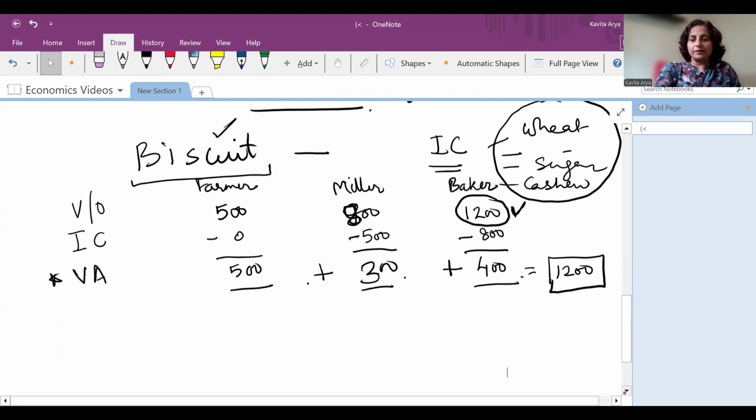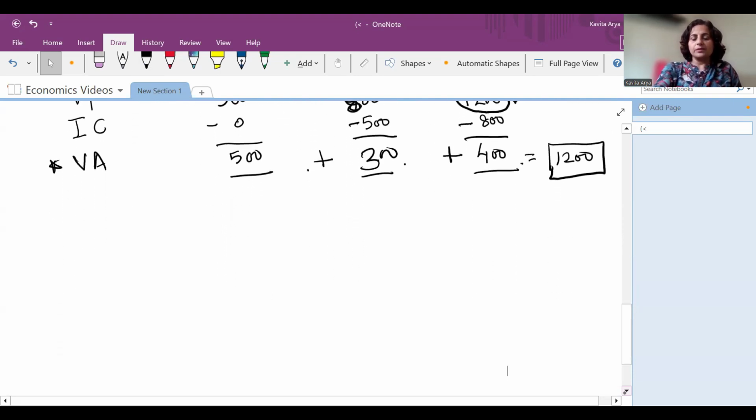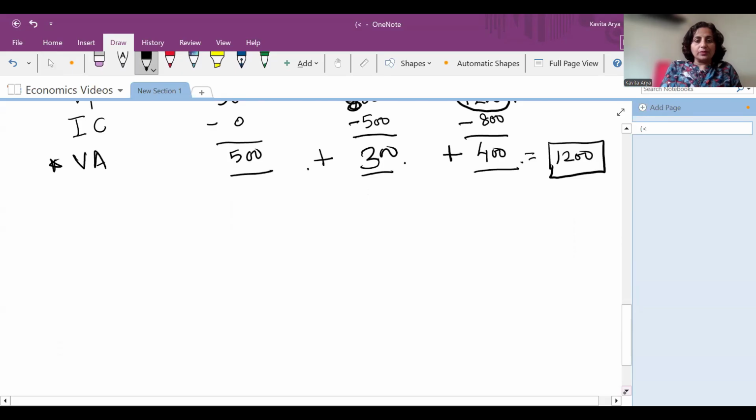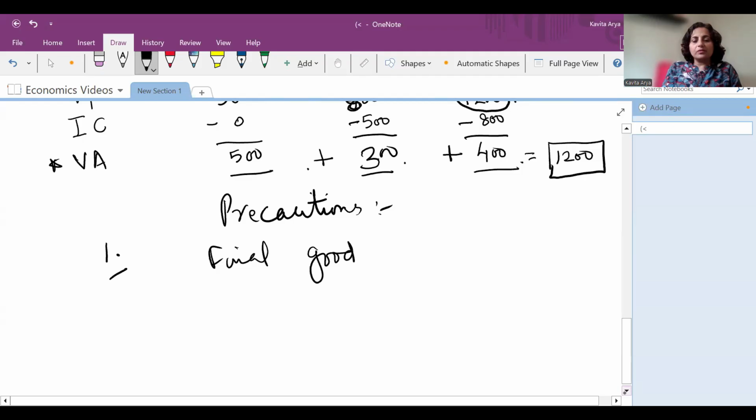Let's now proceed further to talk about certain precautions related to the value added method. First and foremost precaution related to the value added method is we would always take the final goods. The intermediate goods are not taken.